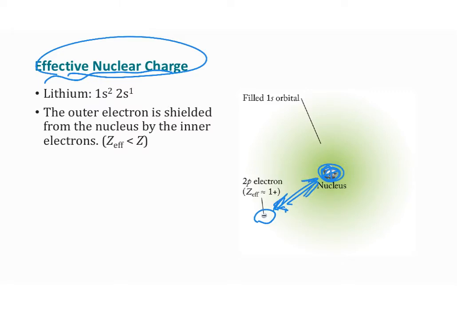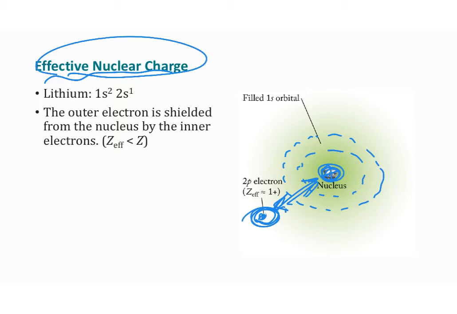But sometimes that level of attraction is reduced by electrons that lie in between the nucleus and the electron in question. In fact, for every energy shell that you fill up with electrons, outer electrons are going to feel less and less effect from the nucleus.